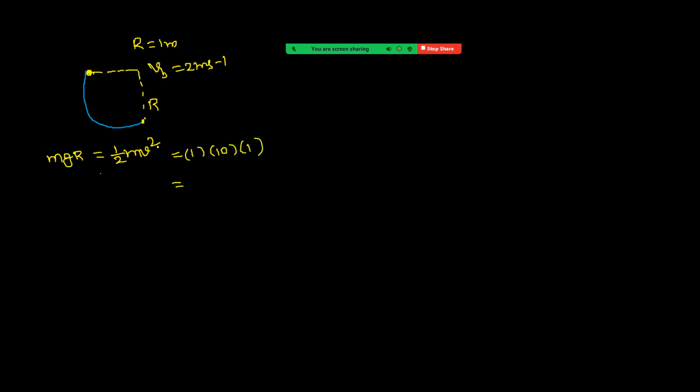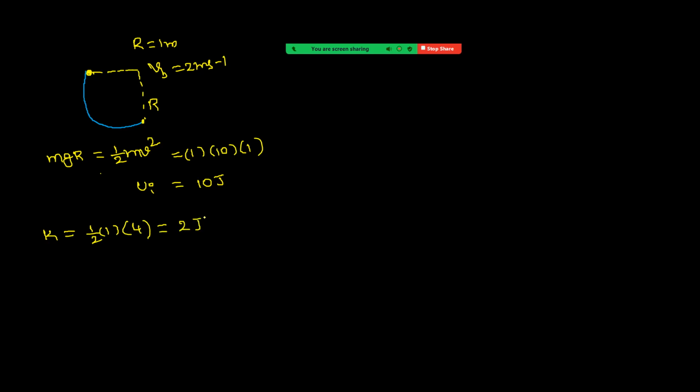So we expect that at the bottom, kinetic energy must be equal to 10 joule. Now see what is the kinetic energy. This is the initial potential energy, you can say. Kinetic energy equal to half mv square.